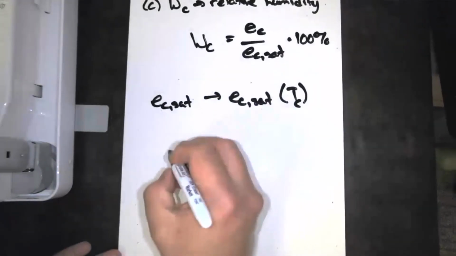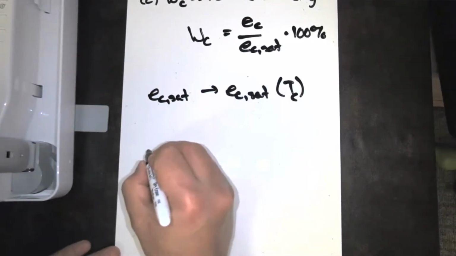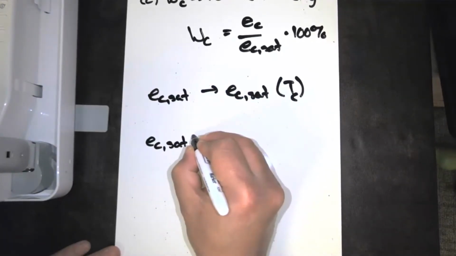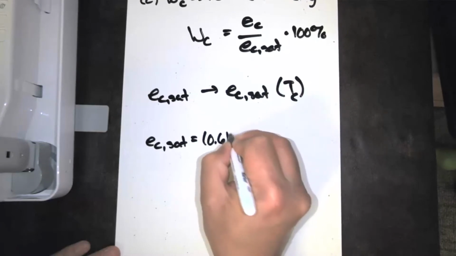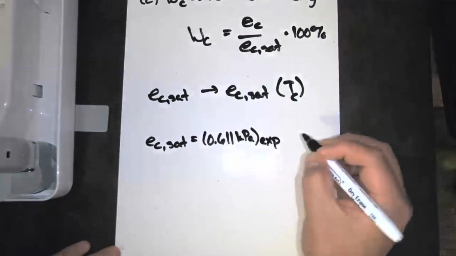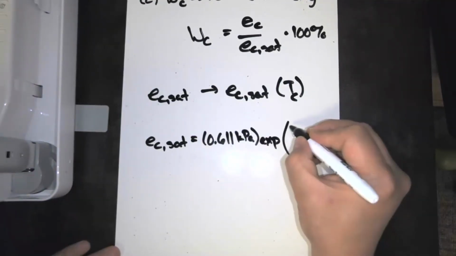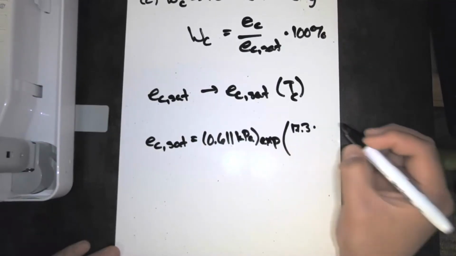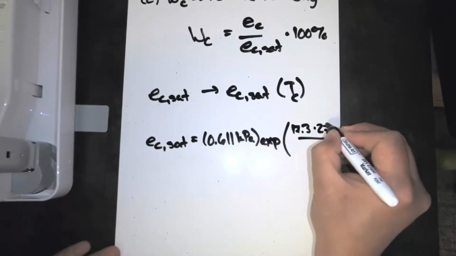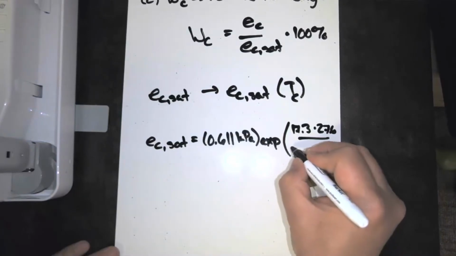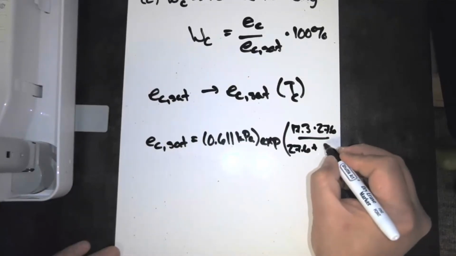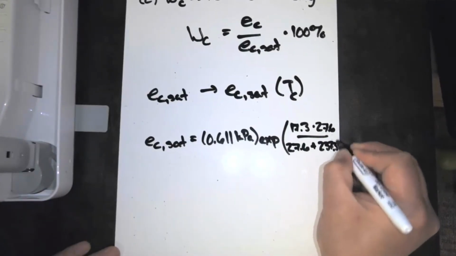So we'll use our equation: E_C at saturation is equal to 0.611 kPa times the exponent of 17.3 times 27.6, which is what we got from problem B, divided by 27.6 plus 237.3.